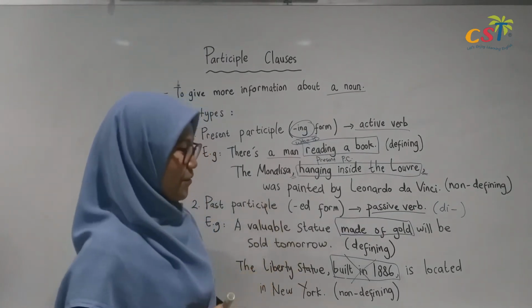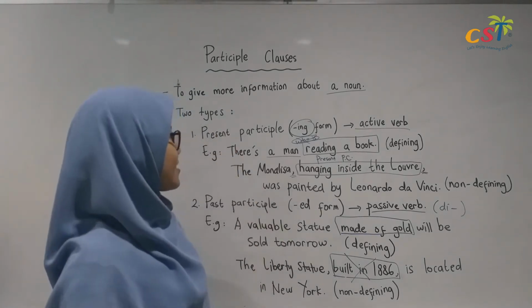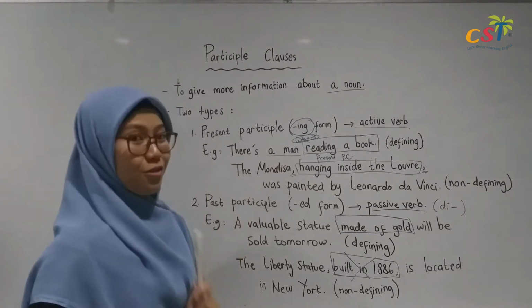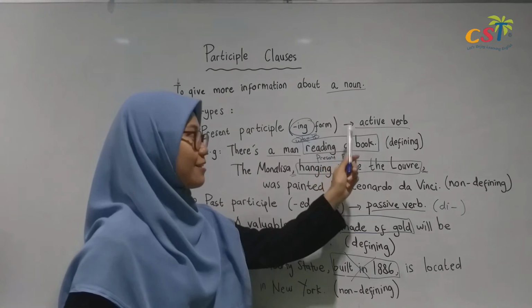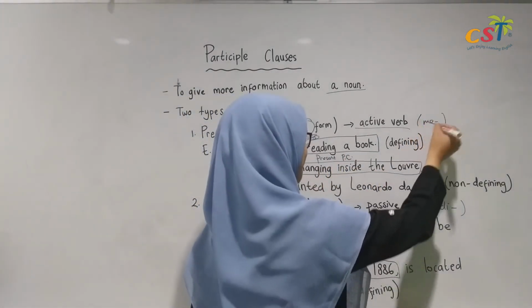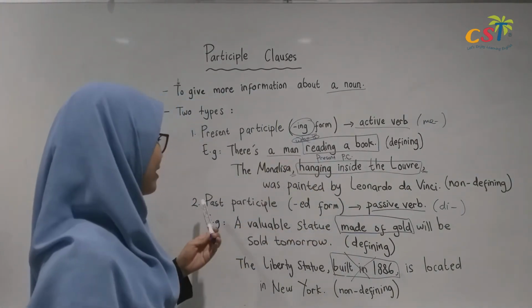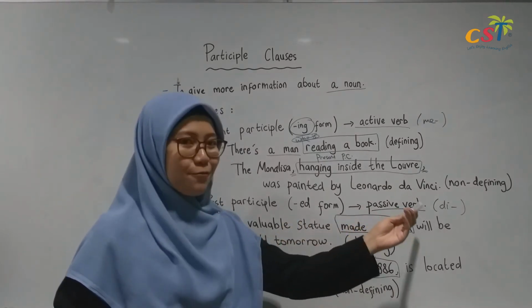Alright then, remember that for participle clauses, there are two types, the present and the past. For the present, you use the ing form, which replaces an active verb, which means "me-", like the example I've told you. And for the past participle, it replaces the passive verb.